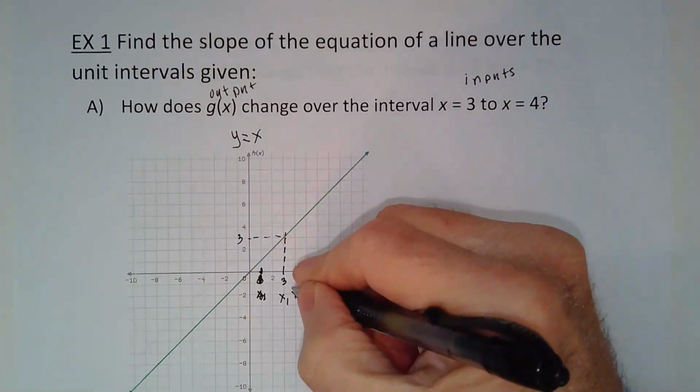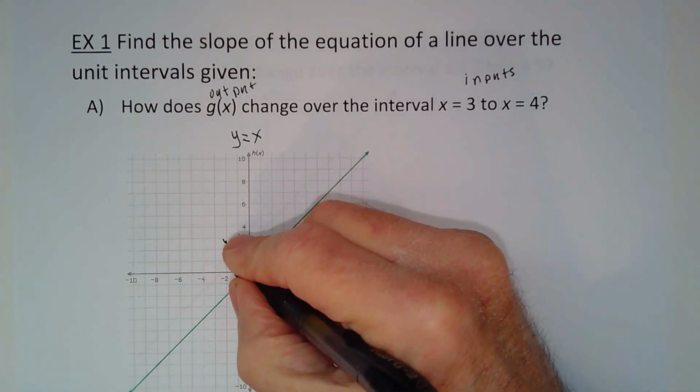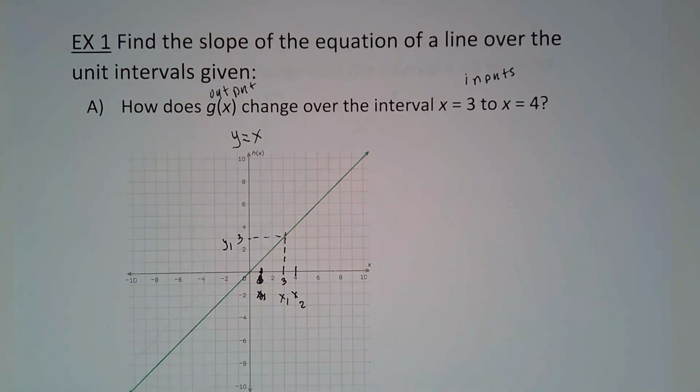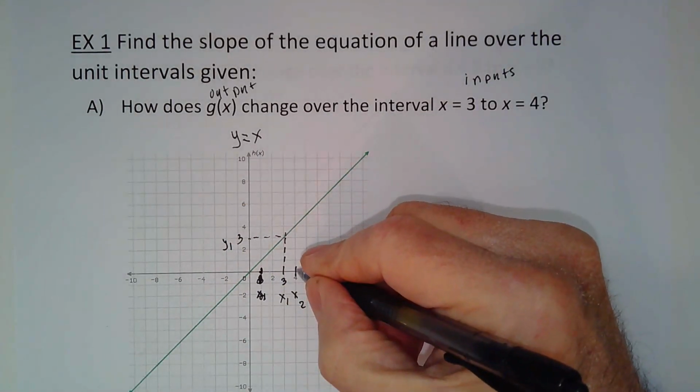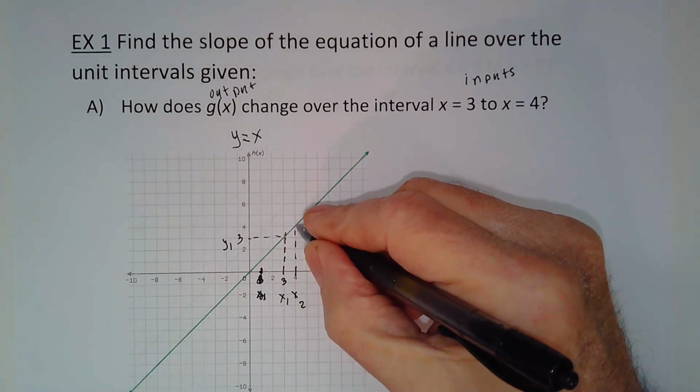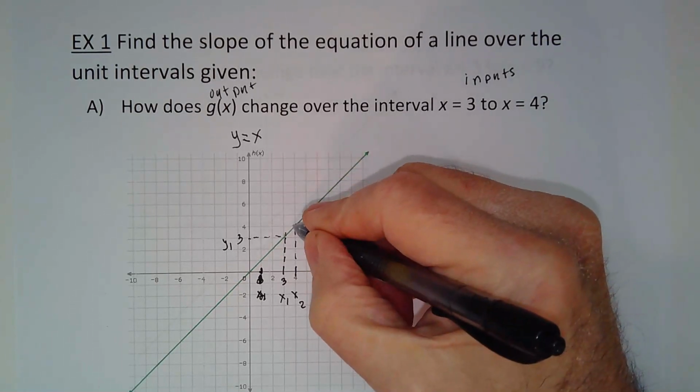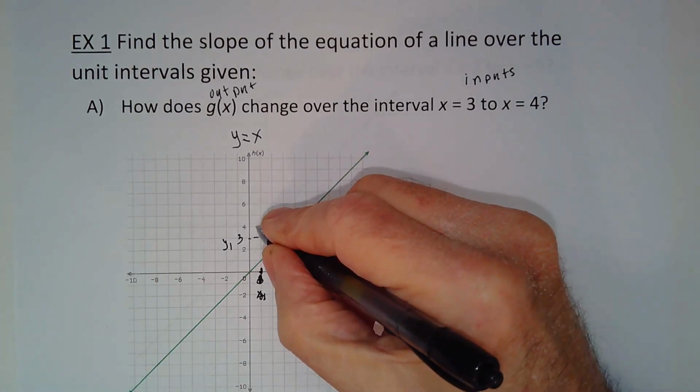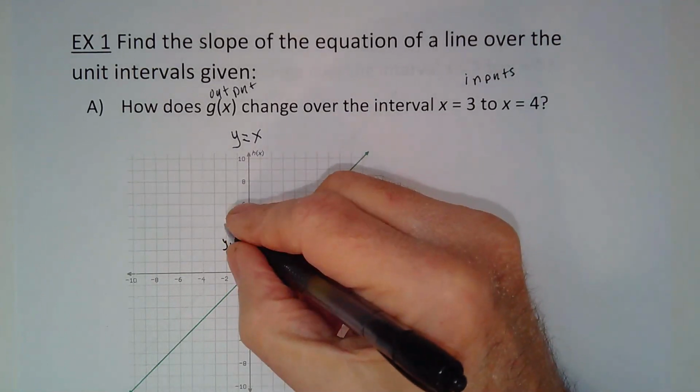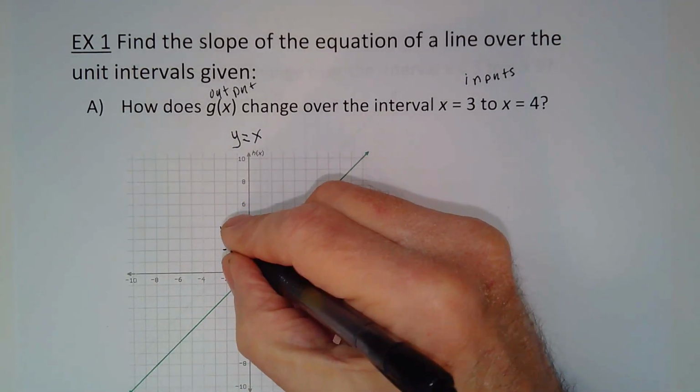This is going to be your y1. So your x1 has a y1 that corresponds to it. And then with x2, again, dashed line up to the line, and then you're going over with a dashed line, and you find where y is 4, that's your y2.